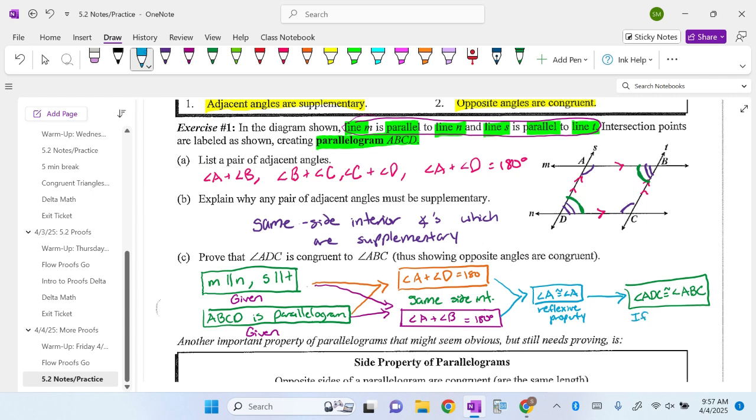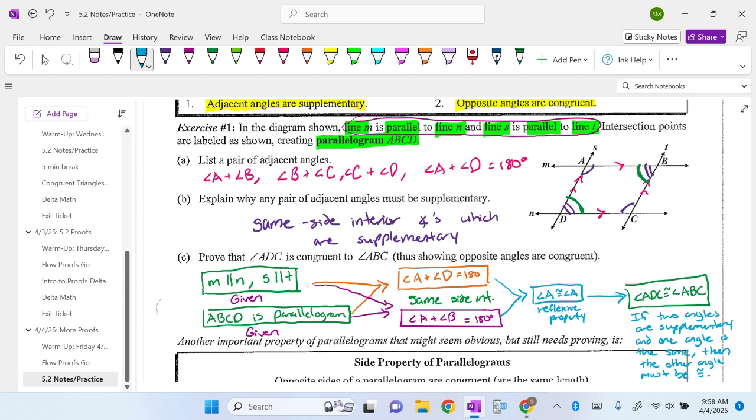The reason is if two angles are supplementary and one angle is the same, then the other angle must be congruent.